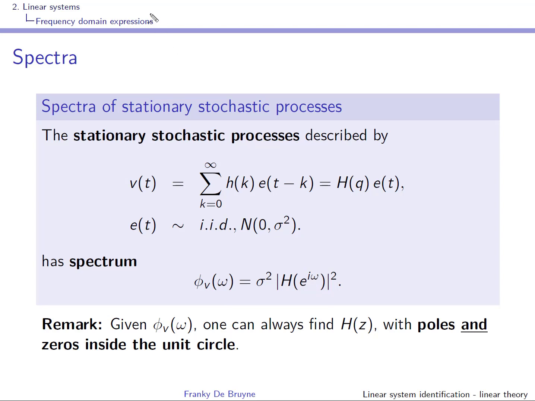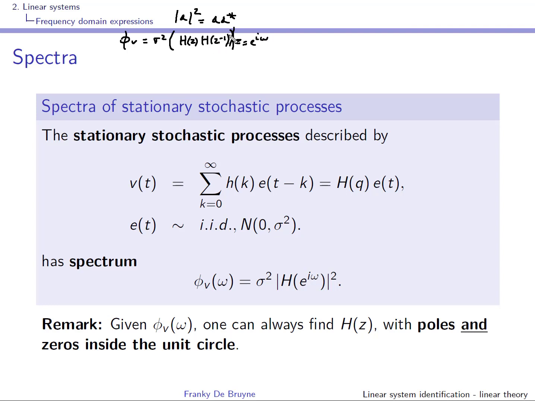So remember that the modulus of A squared is equal to A times its conjugate. So phi v can be written as follows. It's sigma square, and then we take H of z multiplied by its conjugate, but the conjugate will be H of z minus 1, because we work with z, and we evaluate z at the exponential of I omega.